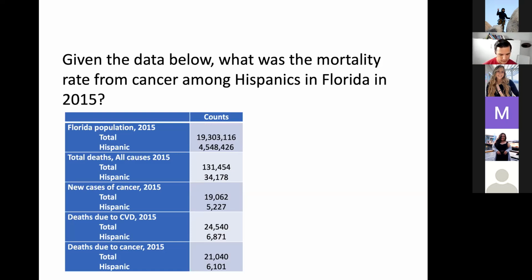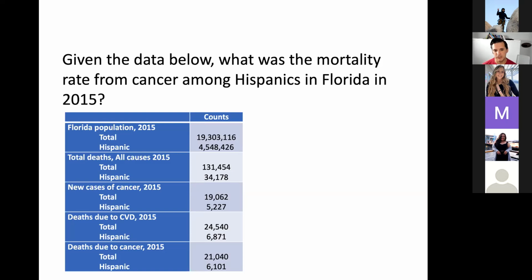If you need the formula, mortality rate is equal to number of deaths. And one of the things you'll have to figure out is what type of mortality rate this is. Is this just a crude mortality rate, or is this a cause-specific mortality rate, or what is it?